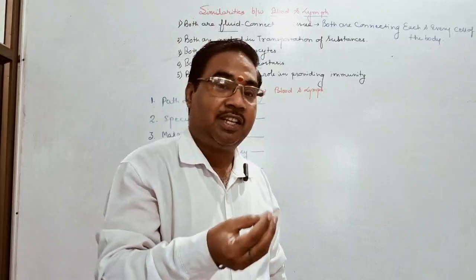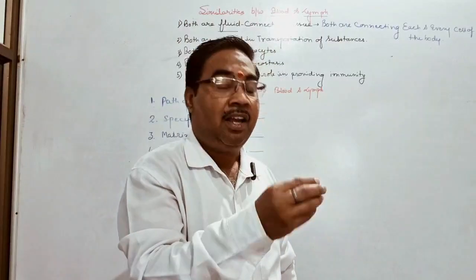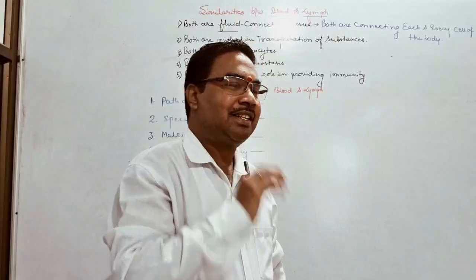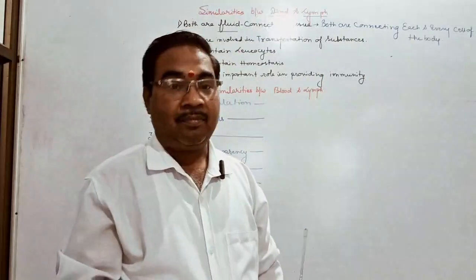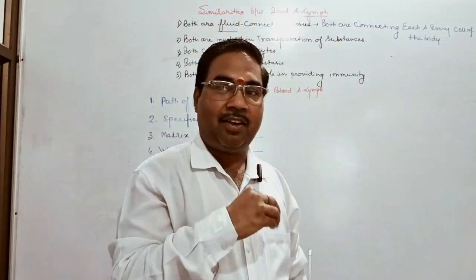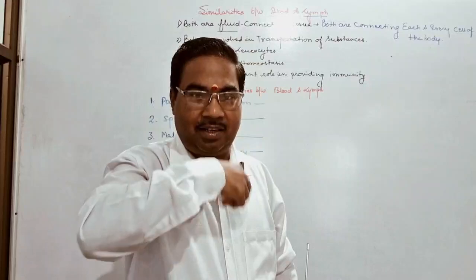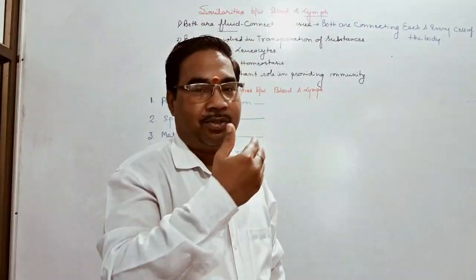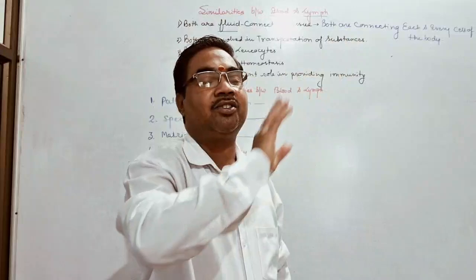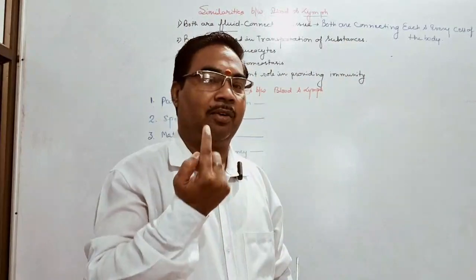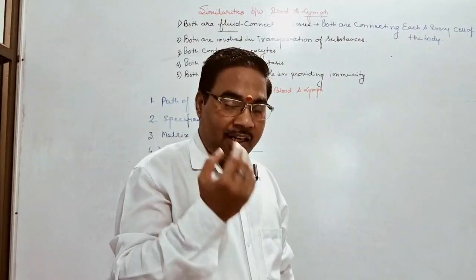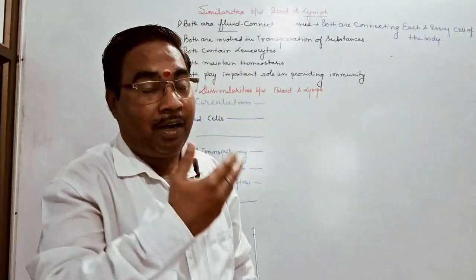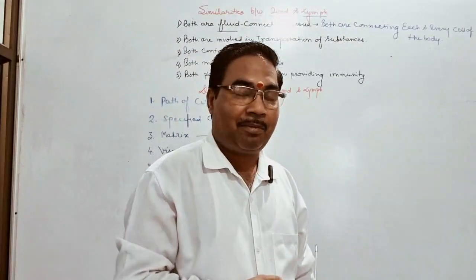Energy is provided by respiration, respiration requires oxygen, and oxygen is provided by blood. Although we are taking oxygen through our nose and lungs, inside the lung the oxygen is diffused into the blood and then blood carries oxygen to different parts of the body. This will help you remember how blood is connected to each and every part of the body.